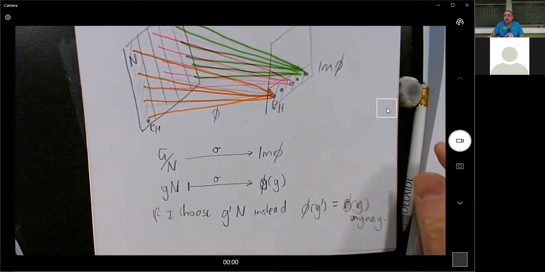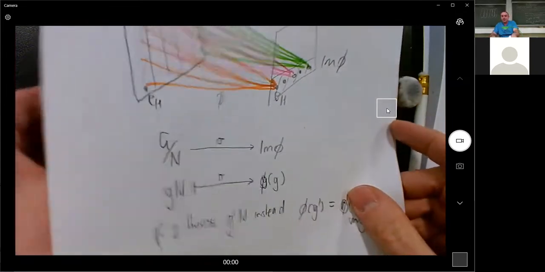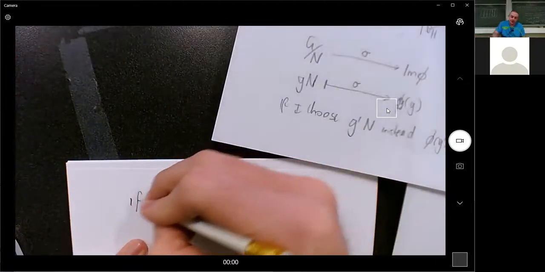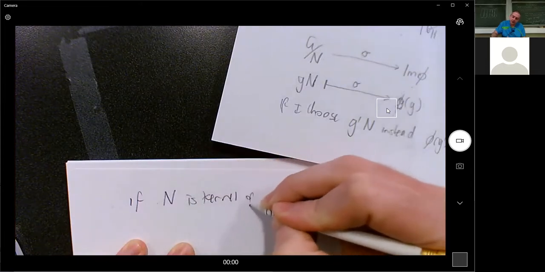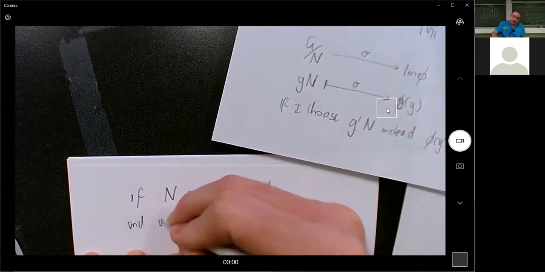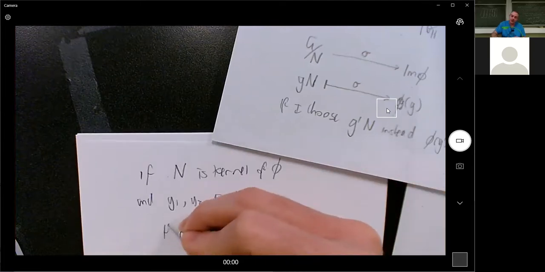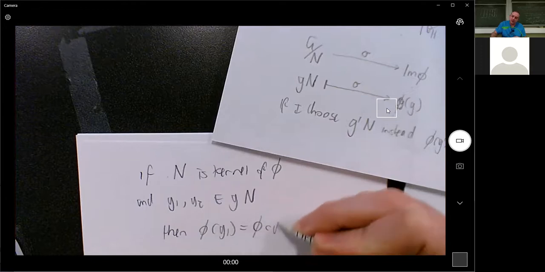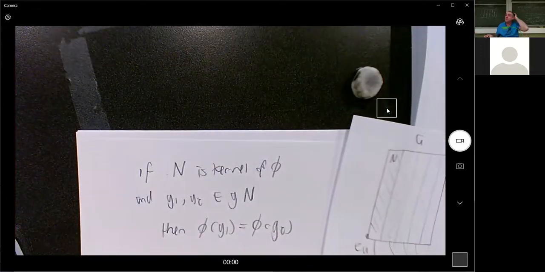The big point of this theorem is that if N is the kernel of phi, and g1 and g2 are both in the same coset, then phi of g1 will be the same as phi of g2. That's pretty much what this theorem is hinging upon.